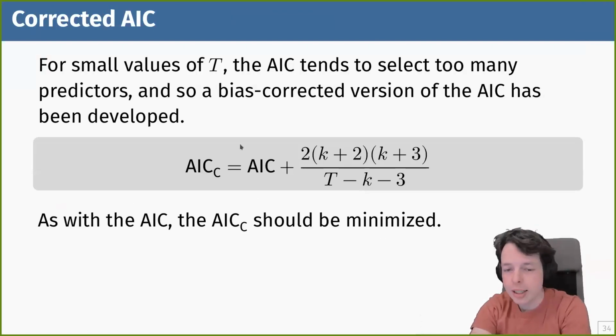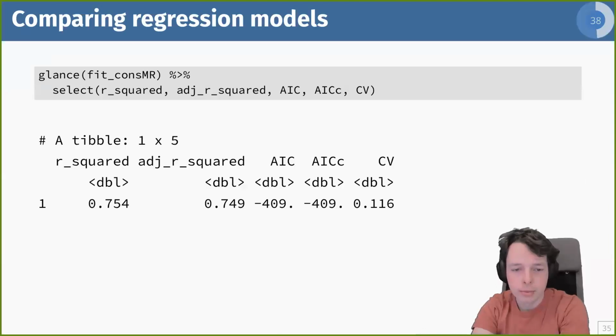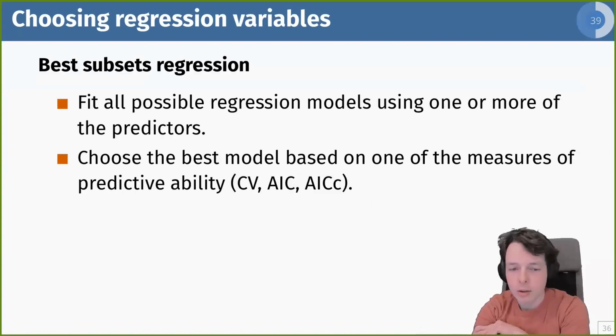There are some biases here, so more often than not, we'll use a corrected version of that. The specifics aren't so important. You can see it's slightly more complicated for the number of parameters. But the same as the AIC, we try to minimize the corrected AICc. So we saw from the glance output, we have all the relevant statistics that we need, and we can find the best possible model by removing some of those regressors in order to optimize the best statistic, CV, AIC, or AICc.